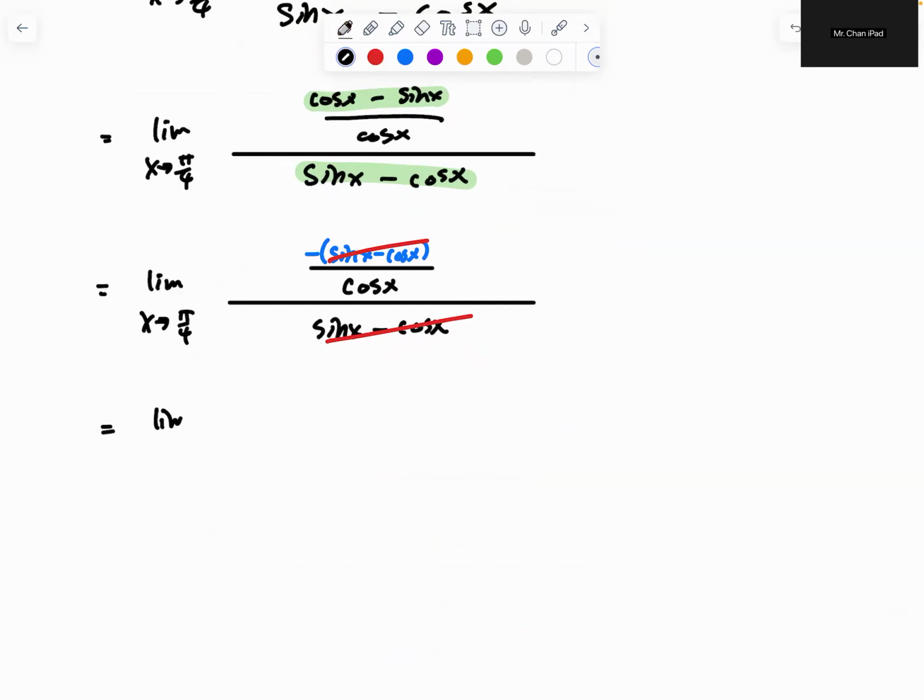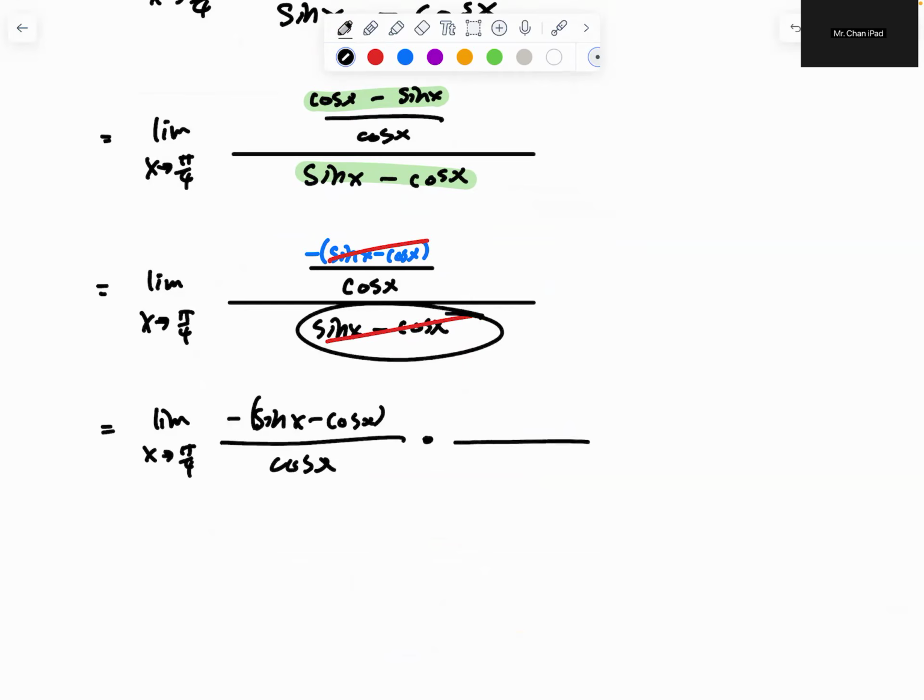So I can show you why they are canceled out, because you have this fraction right here, and you're dividing by this one, which is the multiplication of its reciprocal. Again, good old middle school math, but being applied in a more complex situation.